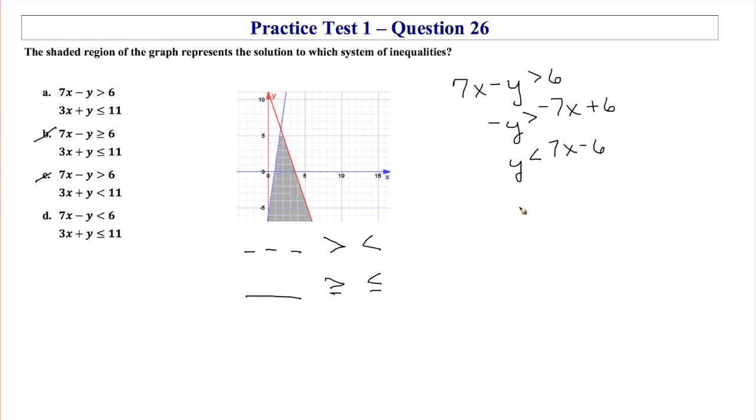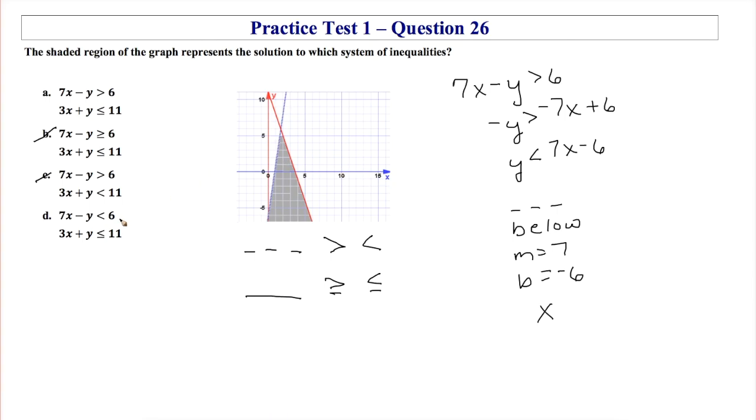So this correlates with a dashed line, shading below, a slope of 7, and a y-intercept of negative 6. We have a dashed line, but we have shading above, so this is not correct.